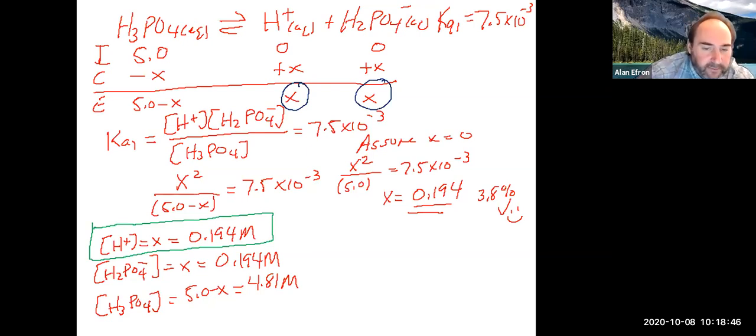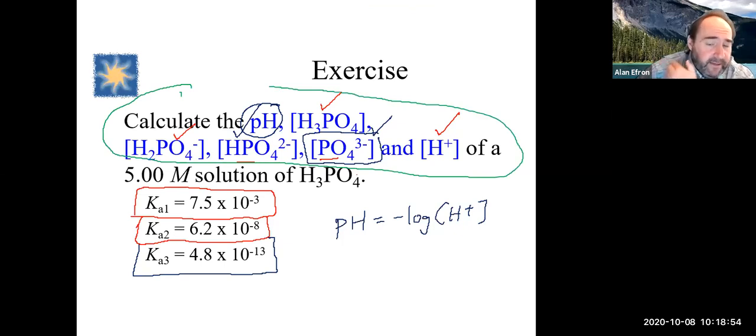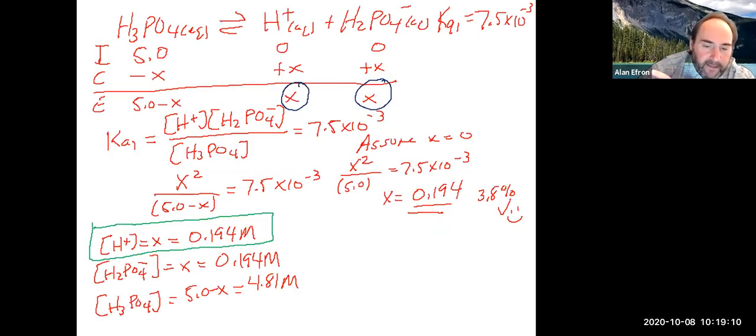So in problems where you're maybe not interested in everybody like we were here, maybe in a problem that involves a diprotic acid or a polyprotic acid, and really the only thing you're interested in is the pH, you probably can, in most cases, just do the first step here and use that H plus concentration to figure out the pH.